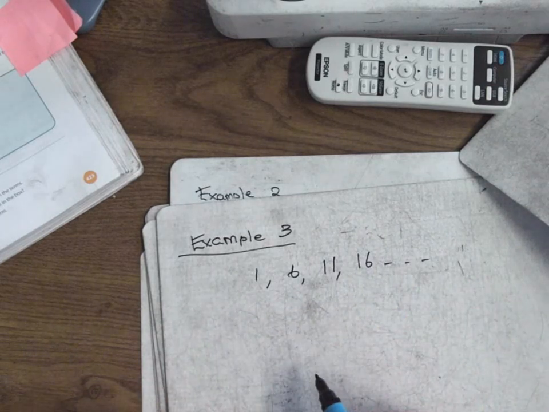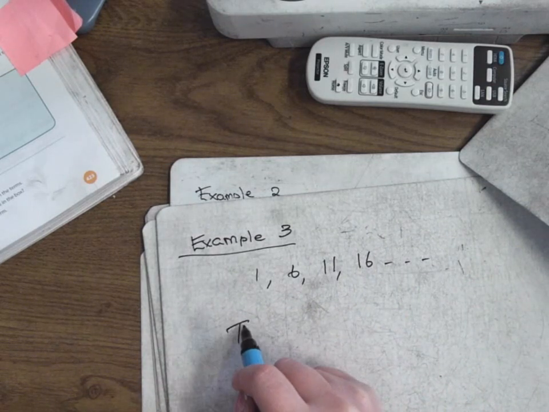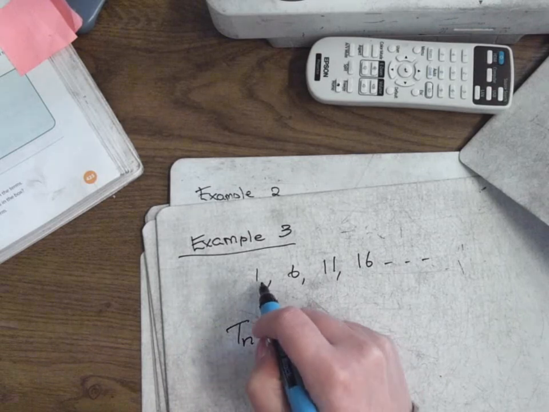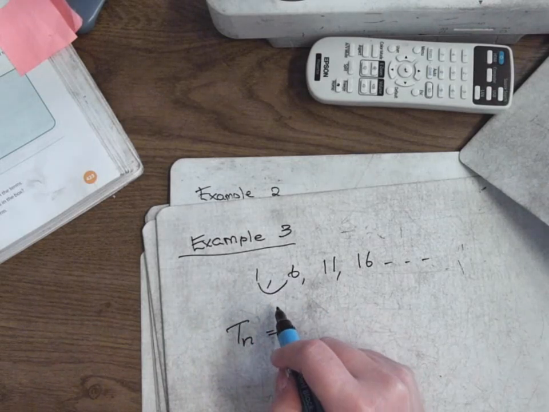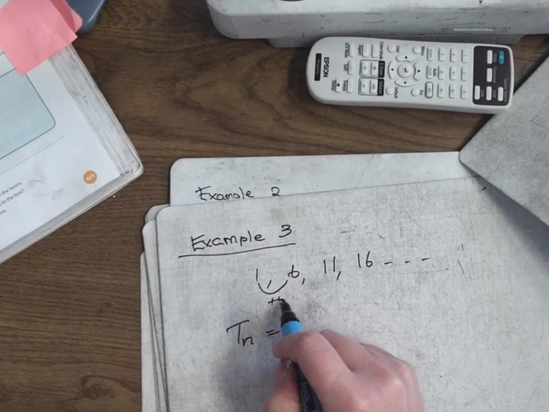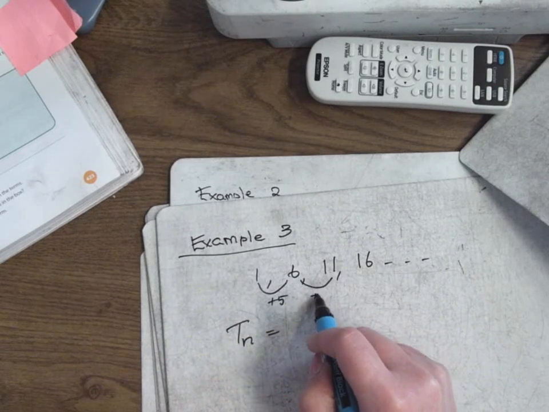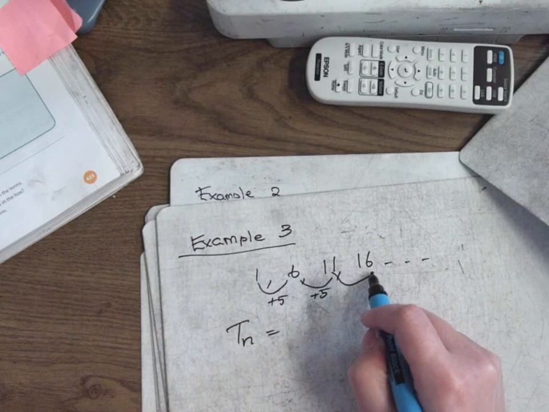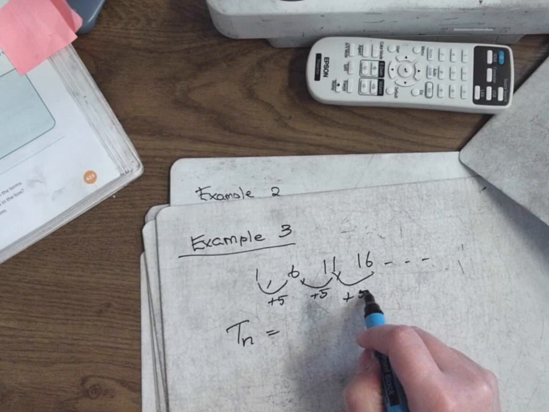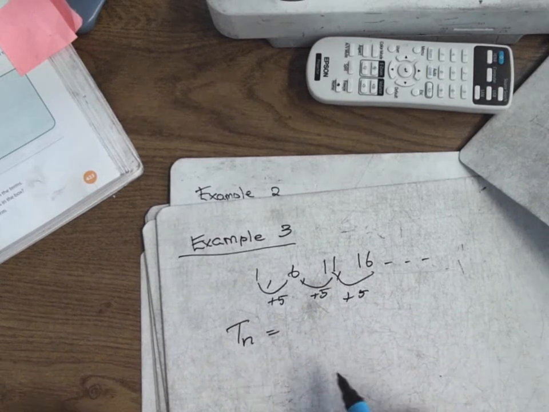And the question is find Tn. So Tn, girls, you look and you say, how do I go from 1 to 6? Add 5. And of course it has to be add 5 because it wouldn't be a linear sequence if you weren't always adding 5.